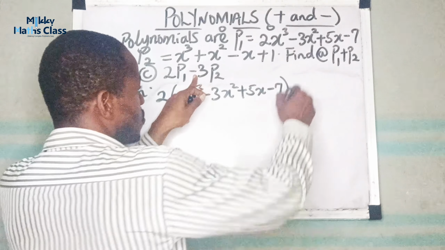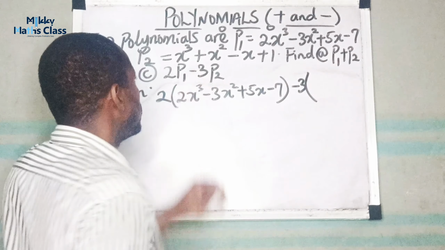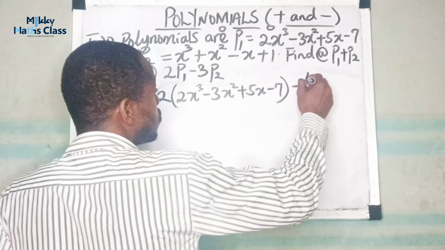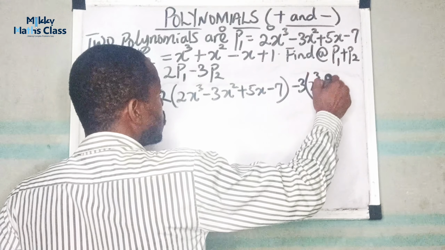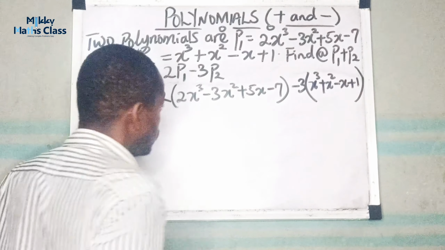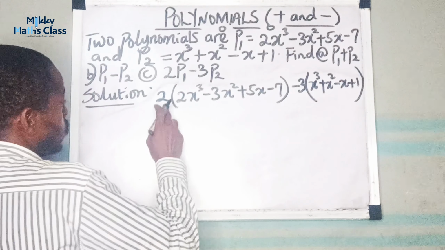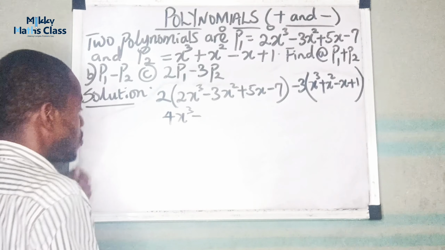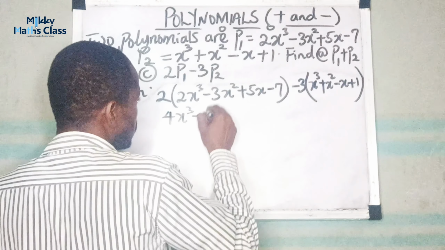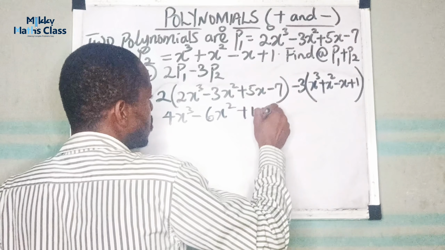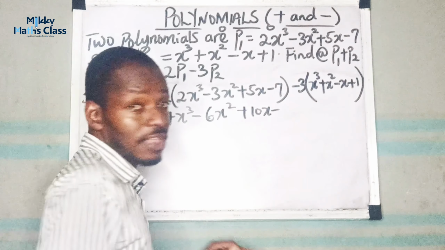Then minus 3 into brackets, the value of P2: x raised to the power of 3 plus x squared minus x plus 1. So let's expand the brackets. 2 times 2, that's 4x cubed, minus 2 times 3, that's 6x squared, 2 times 5, that's 10x, minus 2 times 7, that's 14.